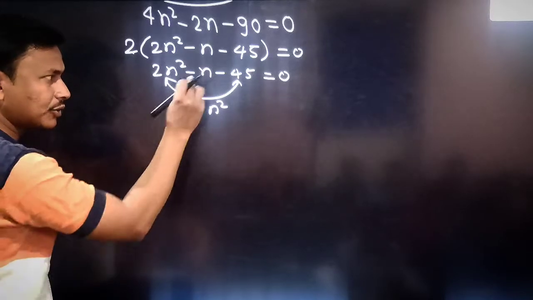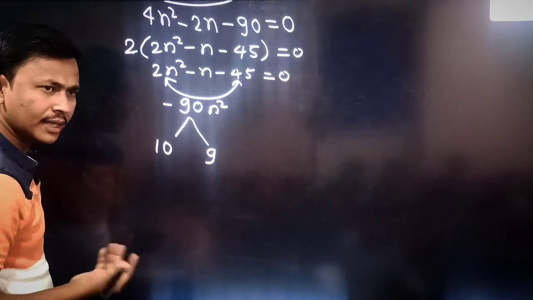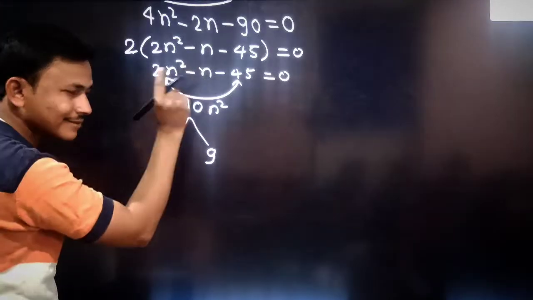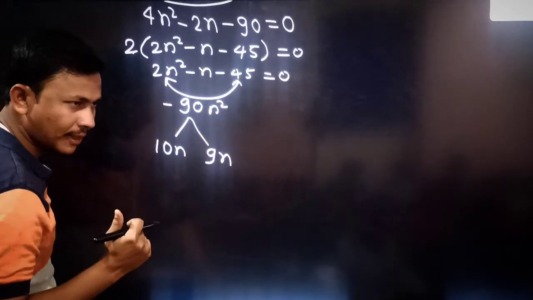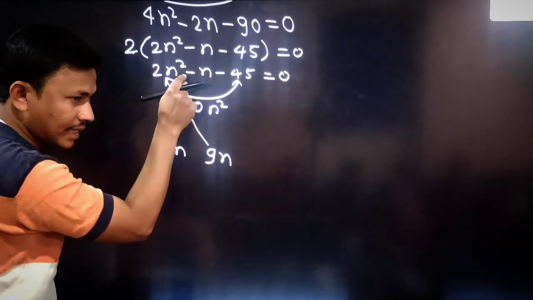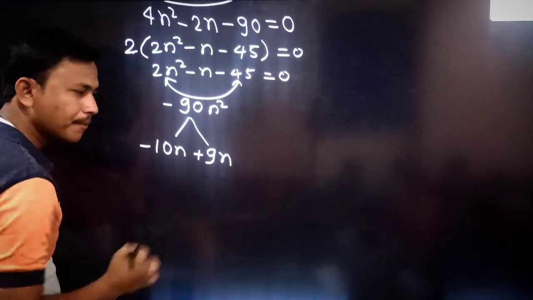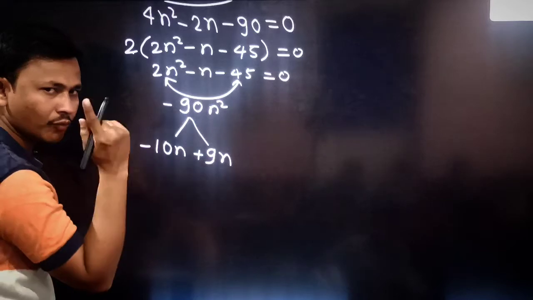Multiply to get minus 90, add to get minus n. 10 9s are 90, 10 minus 9 is 1. 10n minus 9n: the big number symbol must be minus, because here minus is there, we need to make the big number minus and the small number plus.